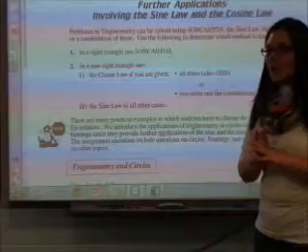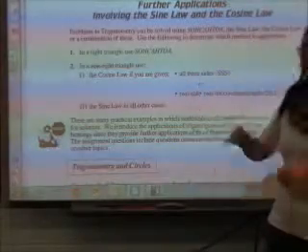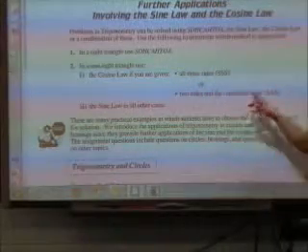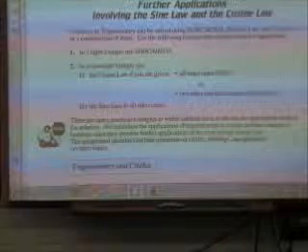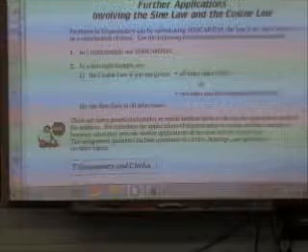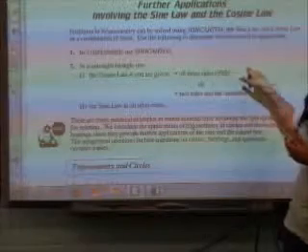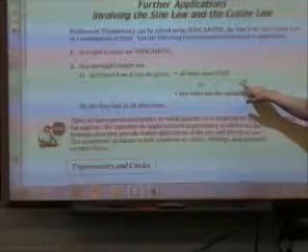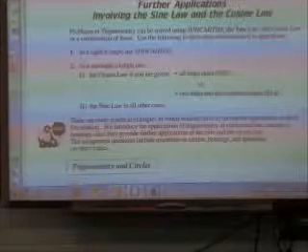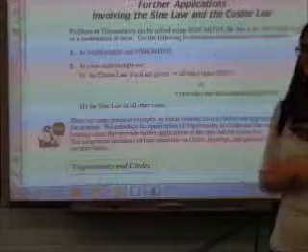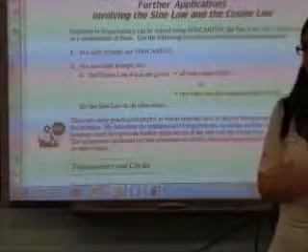The cosine law can be used in two conditions: when you have all three sides, or when you have two sides and the contained angle. So if I can draw the letter C around the triangle components that I'm given, I can use the cosine law. If I have all three sides, I can use the cosine law. If you can't use the cosine law, then you're using the sine law. That's the default.